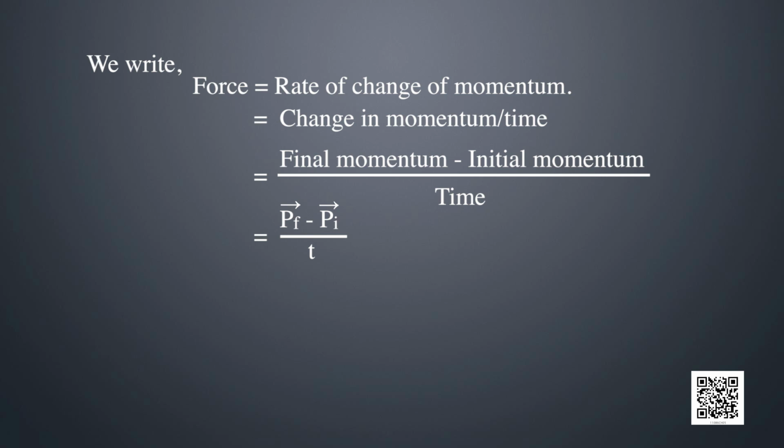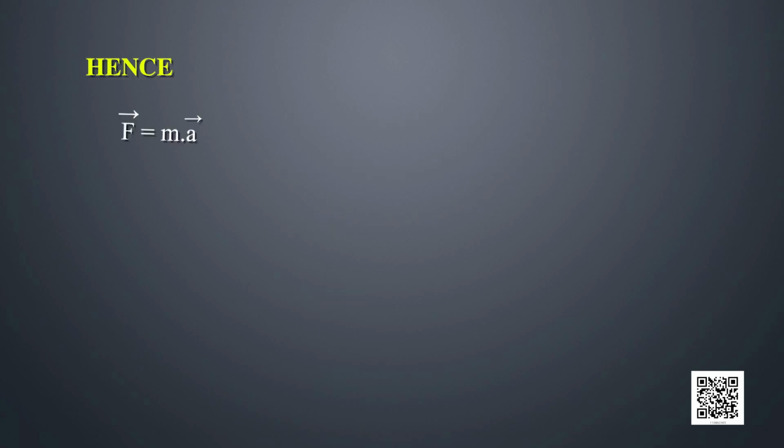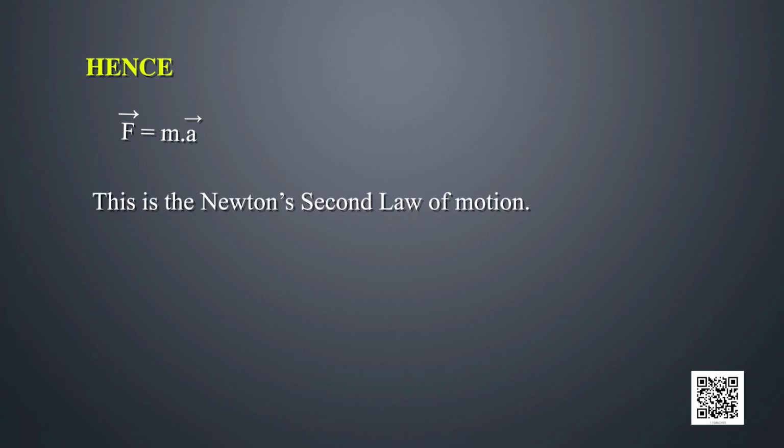So, final momentum m into final velocity v minus initial momentum m into initial velocity u, over t, equals m into (v minus u) over t. But (v minus u) over t, according to the equation of motion, is acceleration. So, we get F equal to m into a. Hence, force is the product of mass and acceleration. This is Newton's second law of motion.